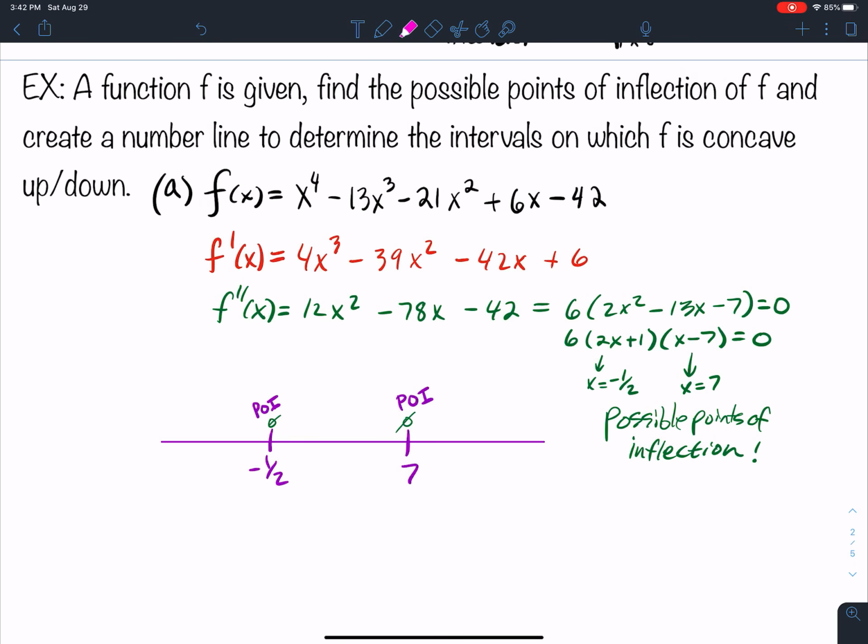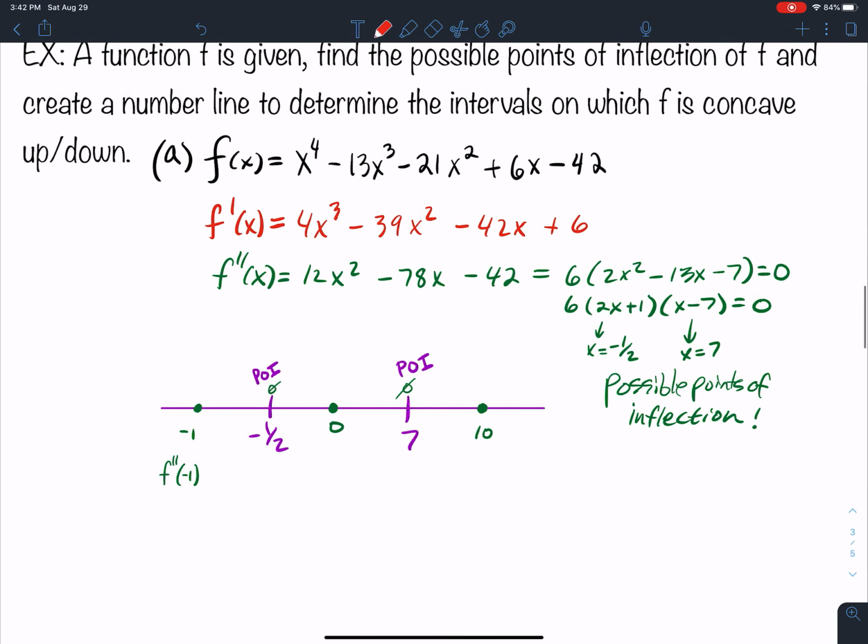And to do that, I'm just going to pick negative 1 over here, 0 here, and 10 here. There's no special magic to these numbers. I could have picked a 1. That's perfectly fine because I just need some number between negative 1/2 and 7. I could have picked 5. I think 0 is just an easy one to pick whenever I plug it into a derivative.